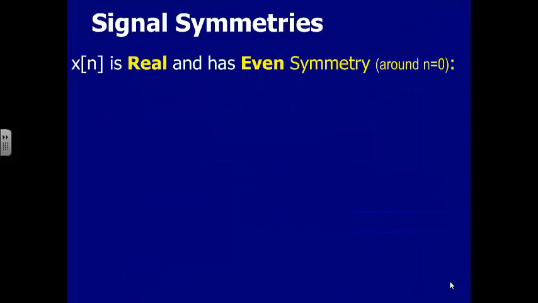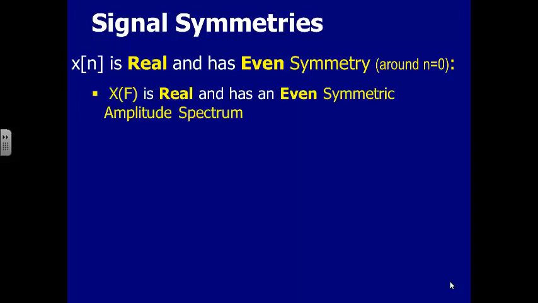Funny things happen when we start imposing other symmetries on our time functions. If your time function x sub n is real, which most of them are, but now also even symmetric around n equals 0, which means it's probably not causal, then its DTFT, usually a complex function, becomes a real function.